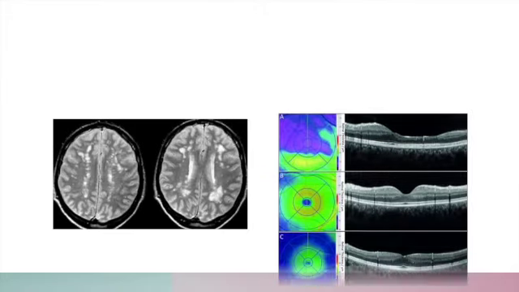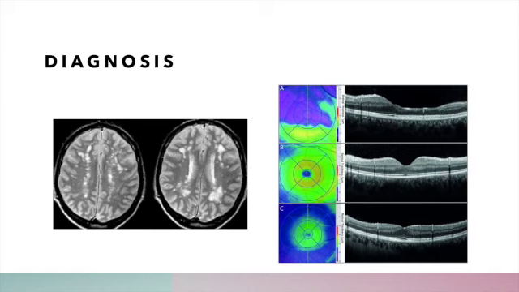How is MS diagnosed? An MS diagnosis requires evidence of demyelination occurring at different times in more than one area of the brain, spinal cord, or optic nerve.